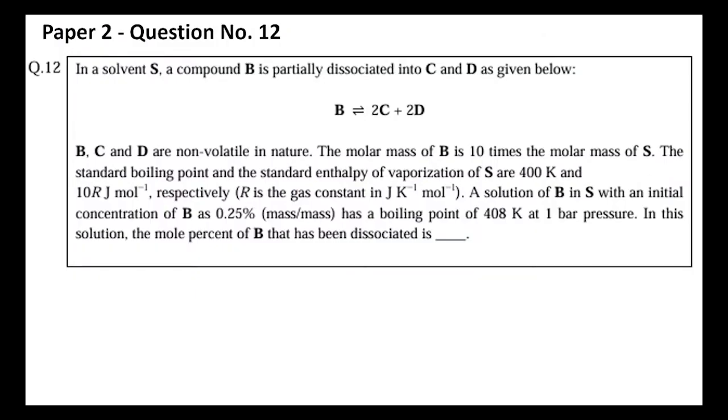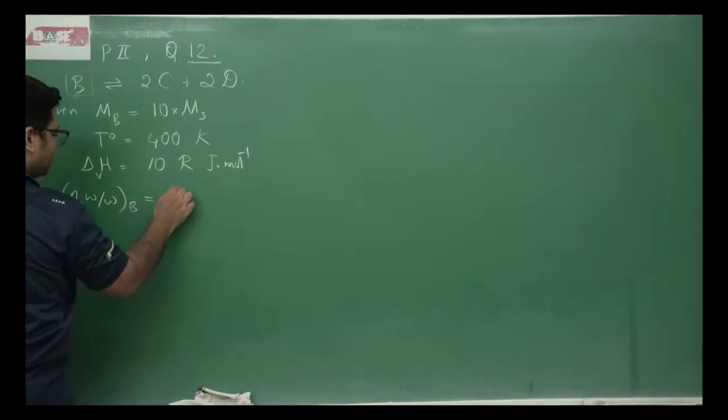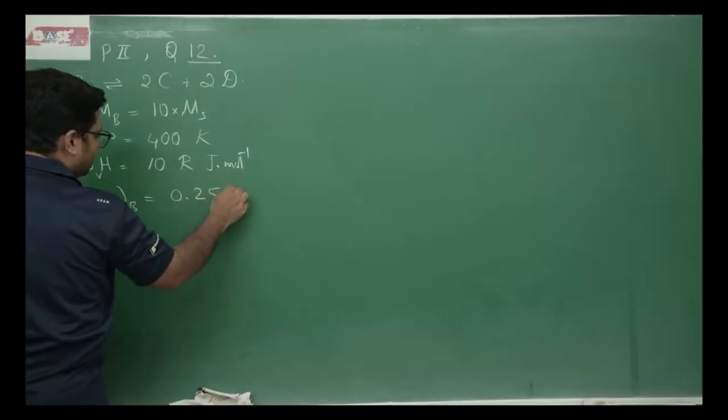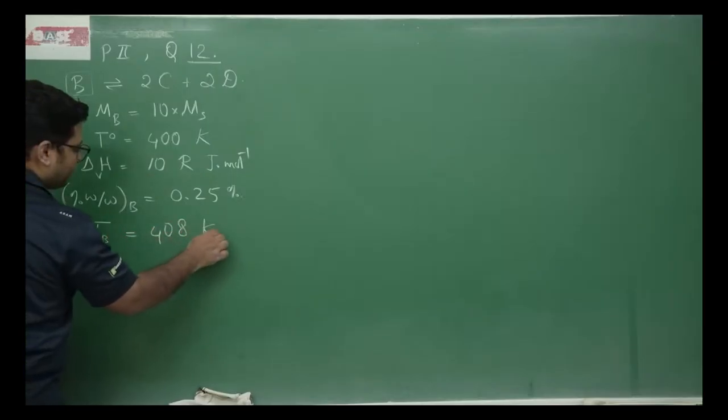Then the weight by weight percentage of solute B in the solution is given as 0.25%. This particular solution's boiling point is given as 408 Kelvin.